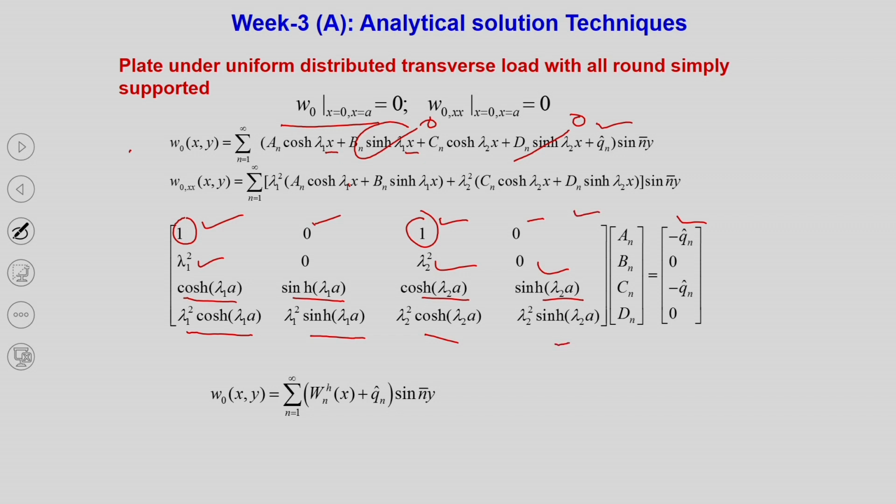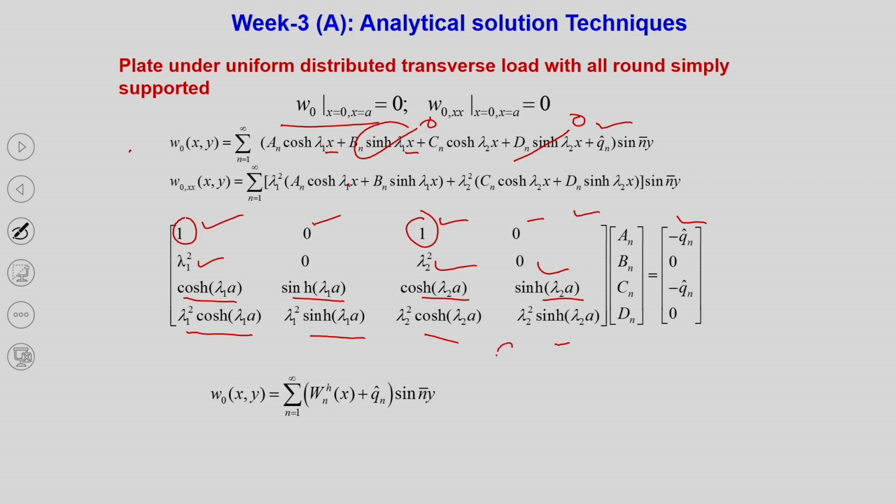So you see it is reduced to a beautiful 4 by 4 matrix, where this is a constant matrix, An, Bn, Cn, Dn are the constants, and this is the load vector. If you write a program, then you come to know that these are all just numbers, and then you invert this matrix.